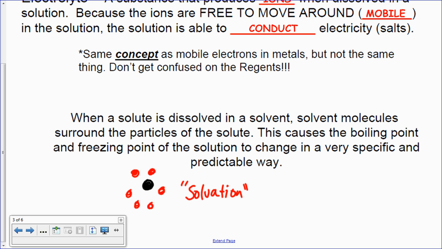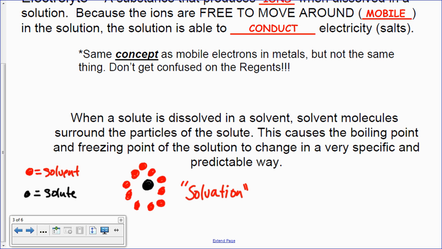Advanced vocabulary word. So all the solvent molecules kind of surround it in a three-dimensional sphere. Okay? And as a result, since those molecules are interacting, they're not going to behave as they would normally. So again, this is the solvent, and this one would be the solute.